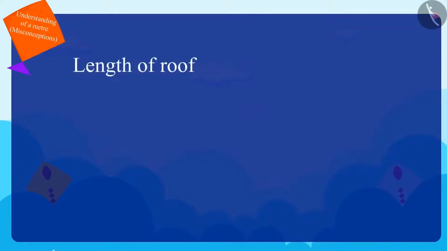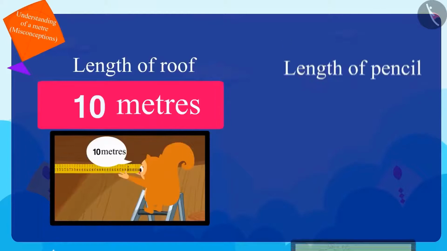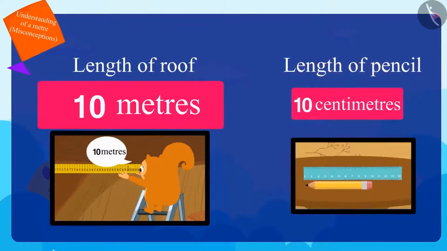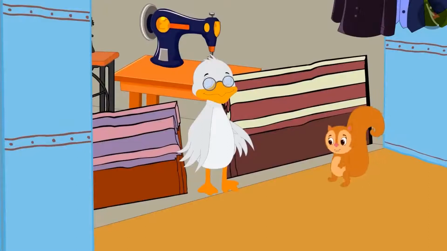And the length of roof is 10 meters. So the length of the roof is 10 meters and the length of the pencil is 10 centimeters, which means the roof is bigger than the pencil. Chanda understood this also, and she went to bring her curtains from uncle's shop.